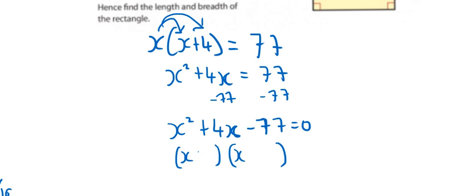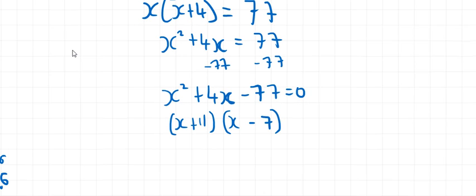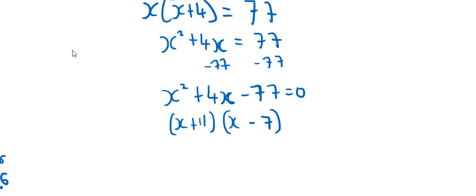It's going to be plus 11 and minus 7. So 11 multiplied by minus 7 gives me minus 77. 11 take away 7 is positive 4.